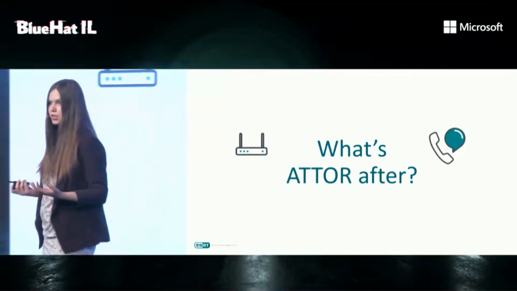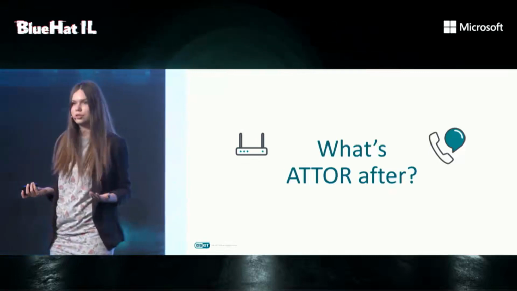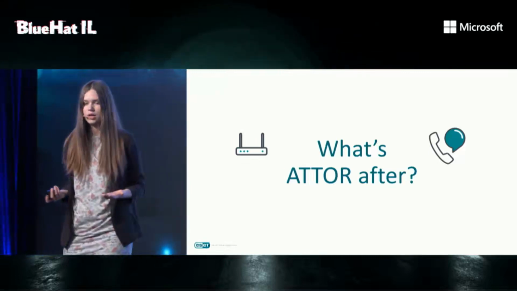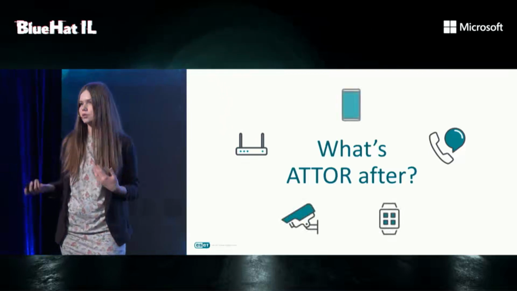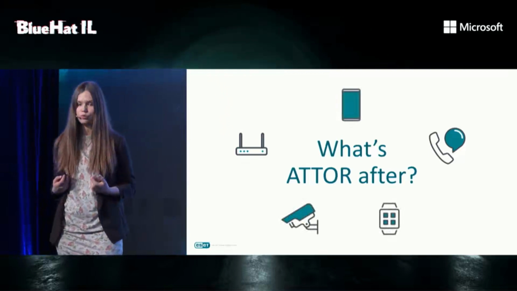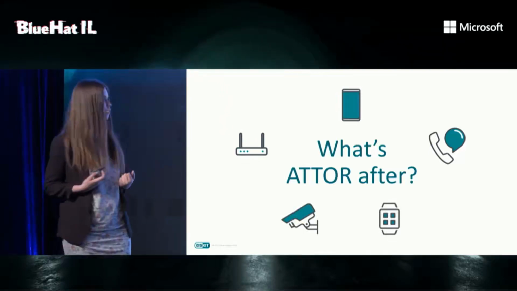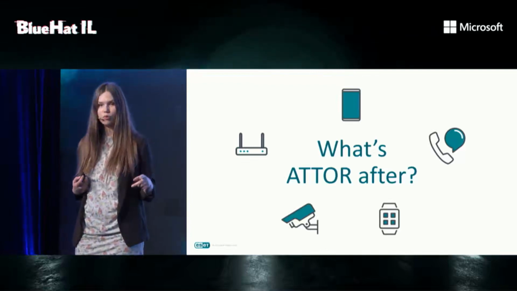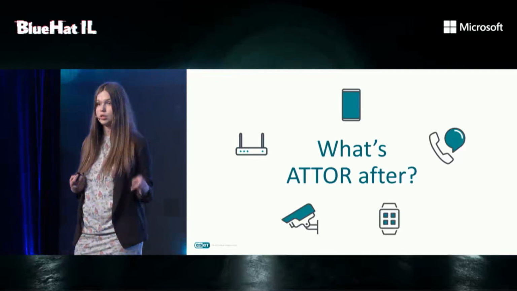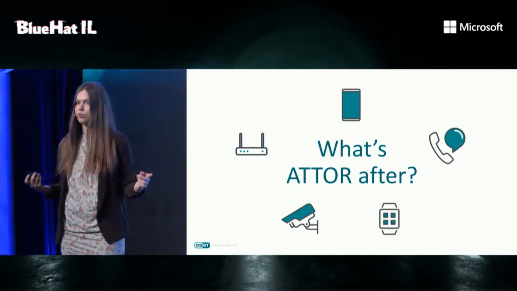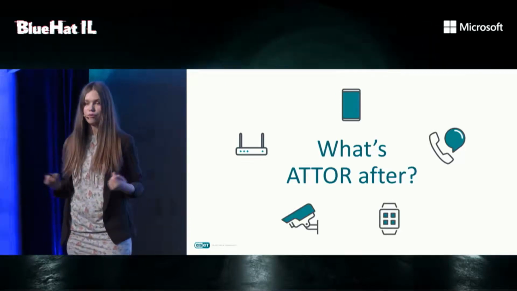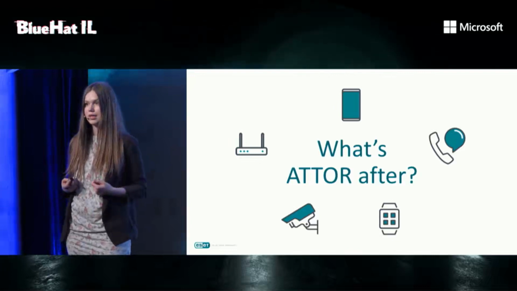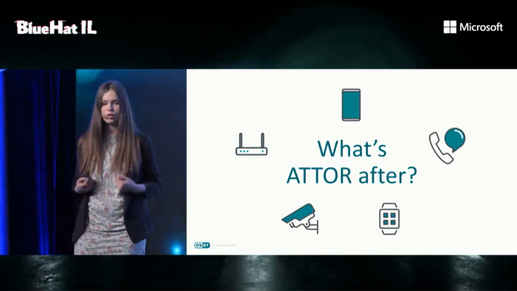Or is it possible that it targets some more modern devices that also have SIM cards, such as smart cameras, smartwatches, or smartphones? From the research from 2018, we have seen that smartphones also support AT commands, so it would be possible to exfiltrate sensitive data from the smartphones just by using AT commands, and also much more.